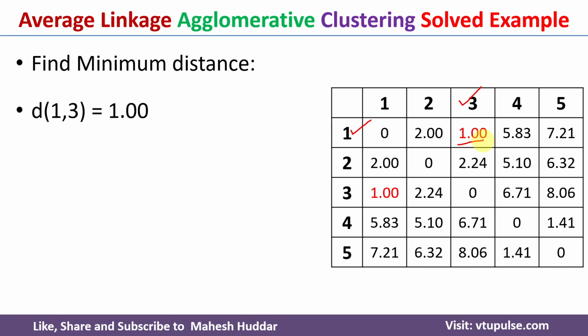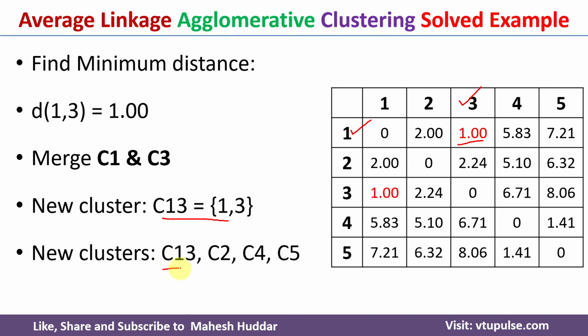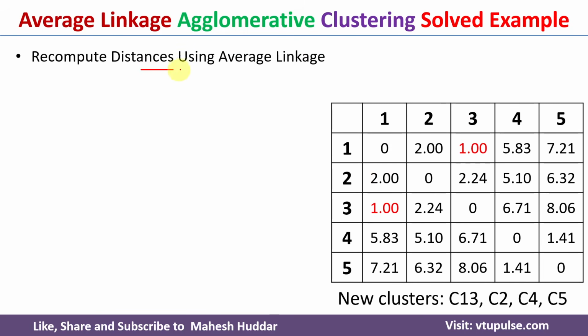So we need to merge these two clusters. Once you merge these two clusters, we will get the new cluster C13, and the new clusters are C13, C2, C4 and C5. After that, we need to recompute the distance using the average linkage agglomerative clustering algorithm between the clusters C13 to C2, C13 to C4, C13 to C5.